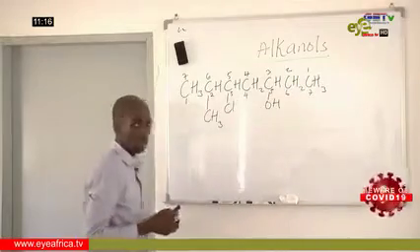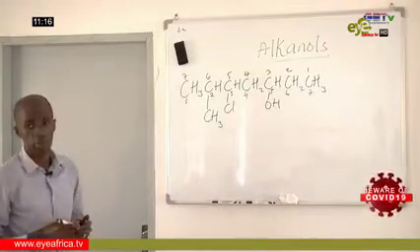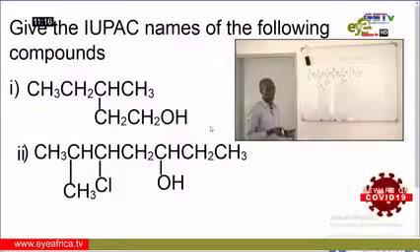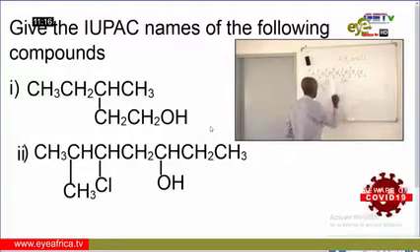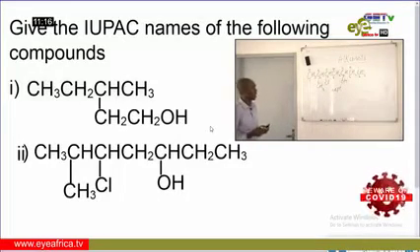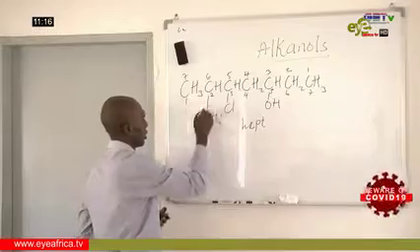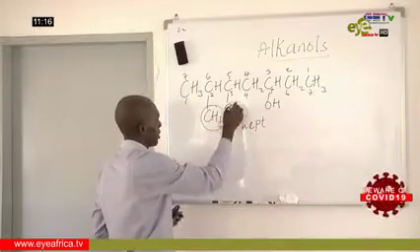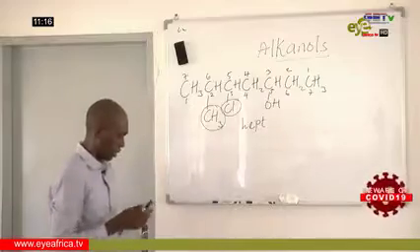So either way gives us 7 carbons. So that means the longest hydrocarbon chain is made up of 7 carbons. So we write the prefix hept for 7. Then we have substituents which are not part of the longest hydrocarbon chain. One is organic and the other one is inorganic.